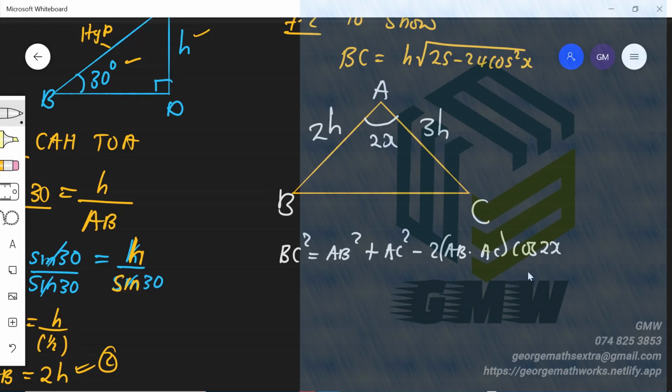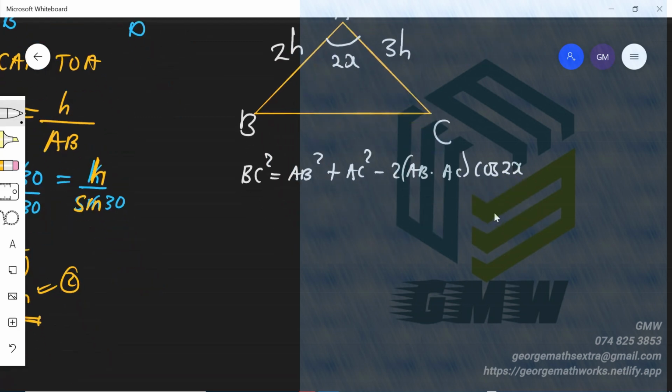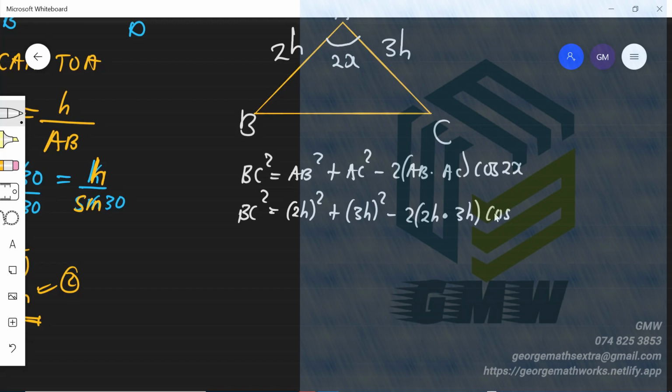Now, our BC is what we want to find, so it remains BC squared. And our AB is 2h, so it's 2h squared. Then AC is 3h, so 2h multiplied by 3h, then cos of 2x.